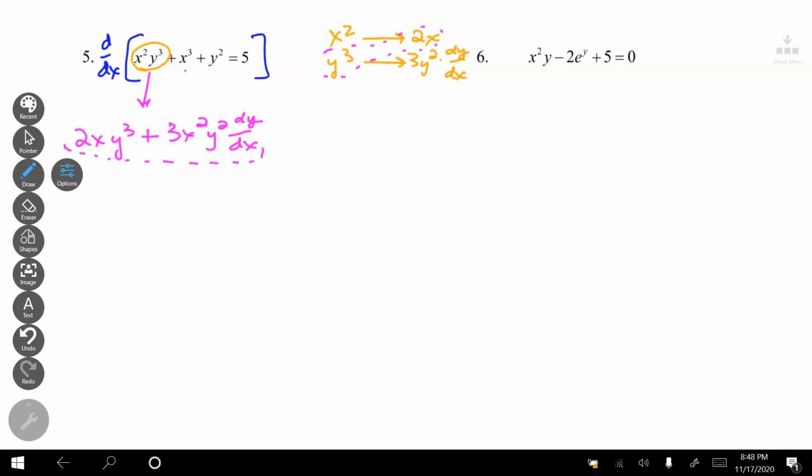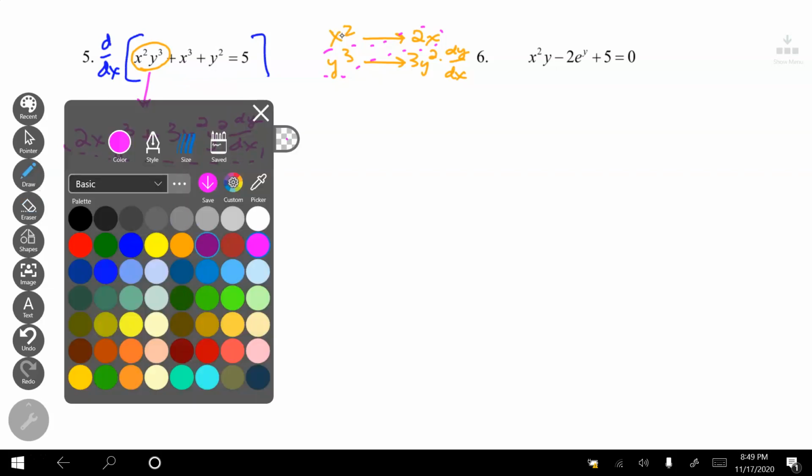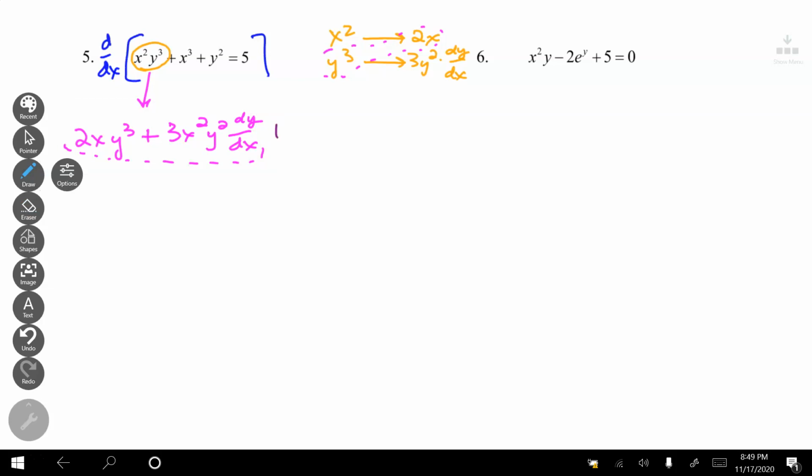Then when I do the rest of the problem, I can move this over here. Well, I'm not even going to worry about that. So when I do the rest of the problem, I'll just do it in purple. Plus the derivative of that is going to be 3x squared. Derivative of that is going to be plus 2y. Oh, there's a y. Got to put in an extra dy dx. And then the derivative of 5 is equal to 0.